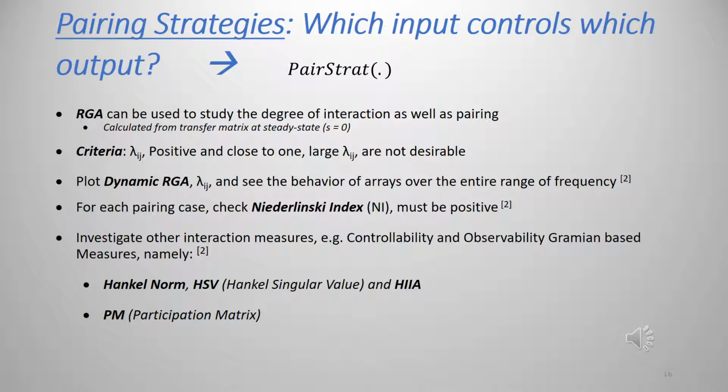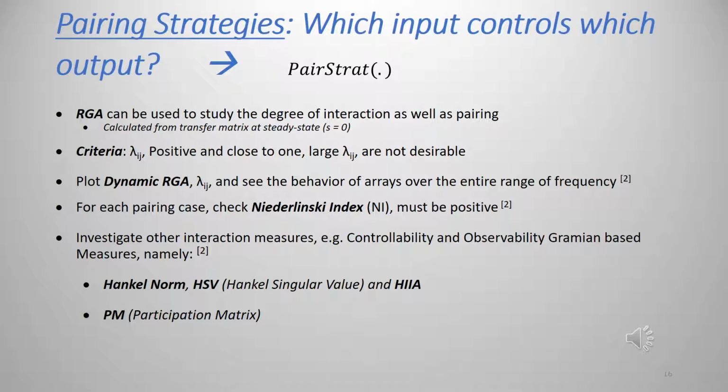There are some other measures in this area for comparing pairing strategies. These measures are mostly based on controllability and observability gradients.